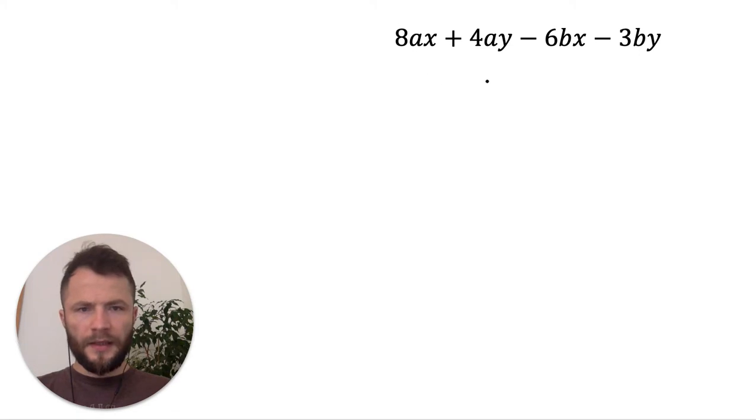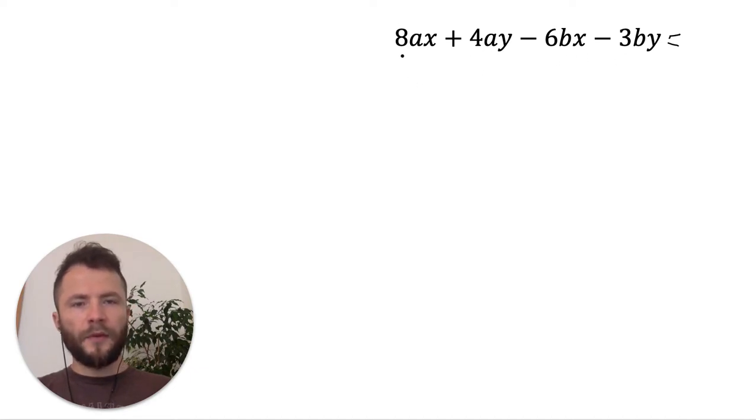So if you look at the example over here, we have an expression consisting of four terms: 8ax plus 4ay minus 6bx minus 3by. And we need to factorize this expression. If you take a look at each of those terms, you'll probably notice that there is no common factor in any of those terms. But what's interesting is that these terms, 8ax plus 4ay, have a common factor.